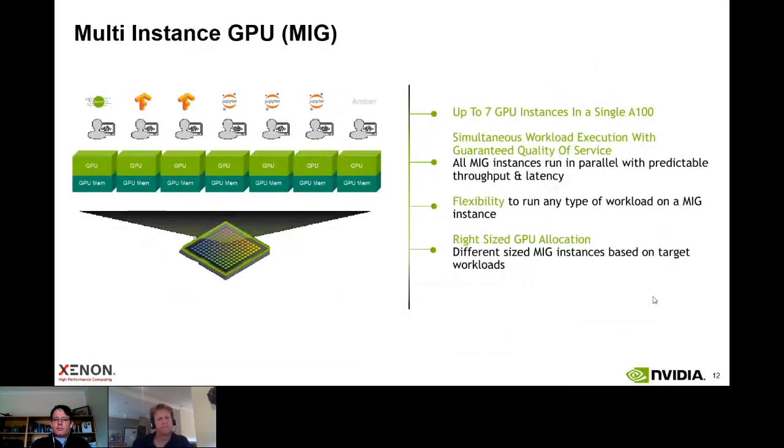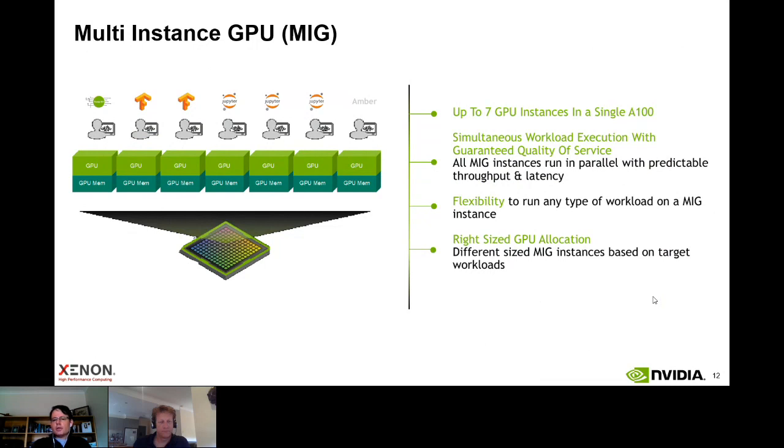The other feature that's really interesting now is that the GPUs support what's called multi-instance GPUs. That means a single A100 can now be split up into essentially 7 GPUs, which really work on the chip as 7 independent GPUs. They can simultaneously execute the workloads with a guaranteed quality of service, because it's not time slicing anymore.